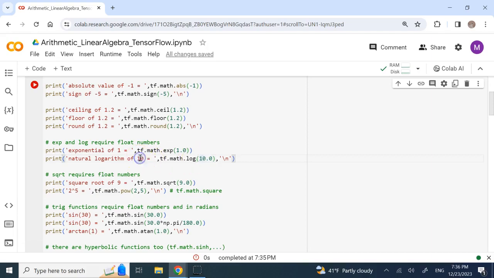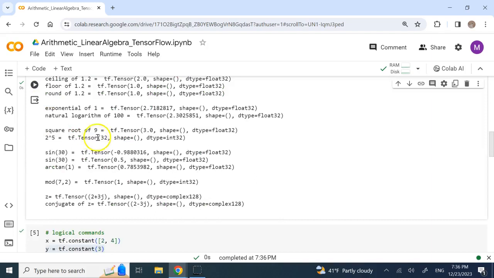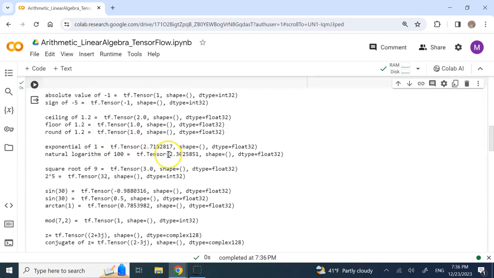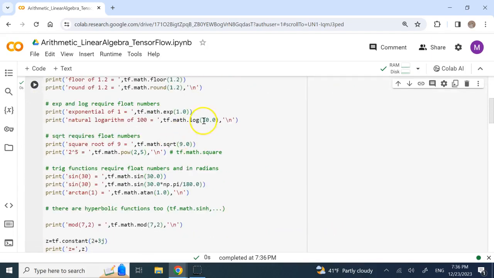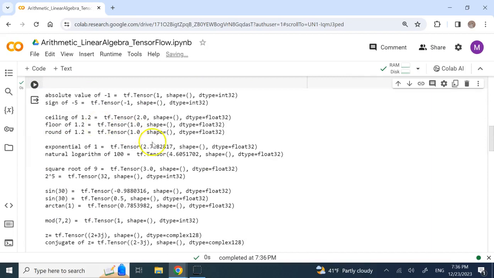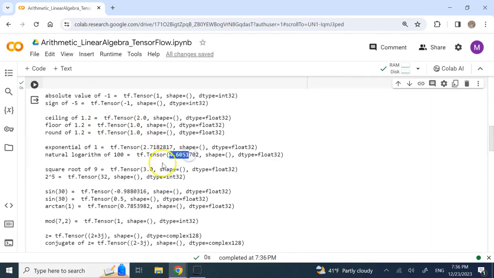So let's say I want 100 and I want log 10 of that, what should I do? If I just say natural log of 100, of course, it is what number? Let's take a look. I forgot to change this number here. Okay, so that number is 4.6.